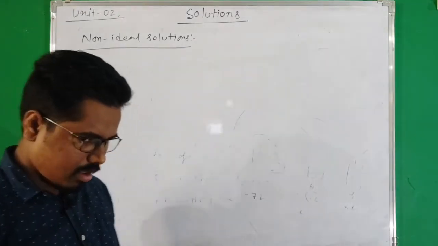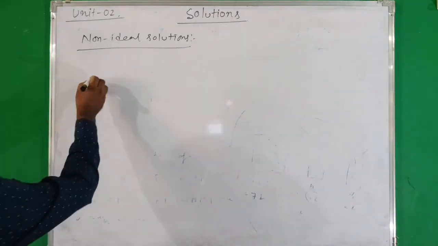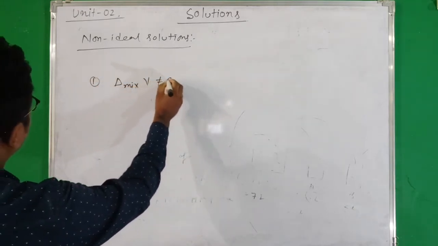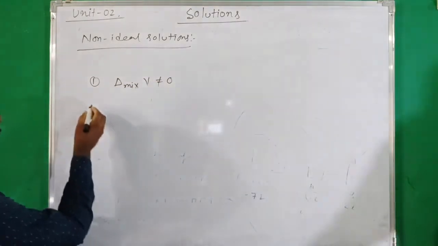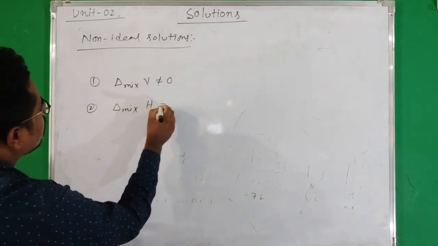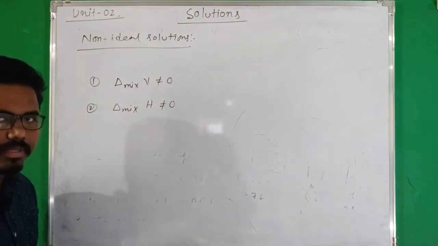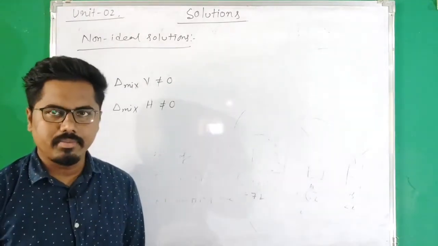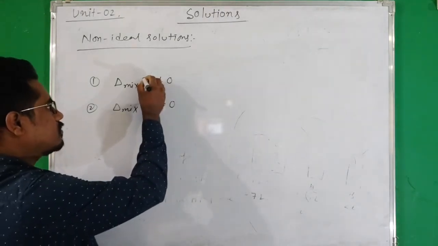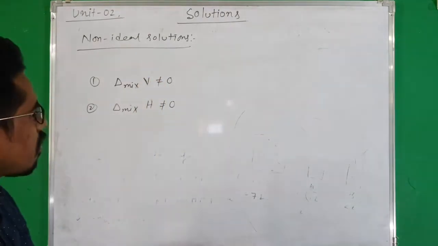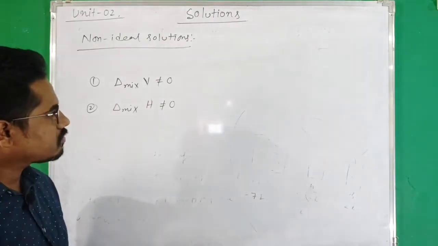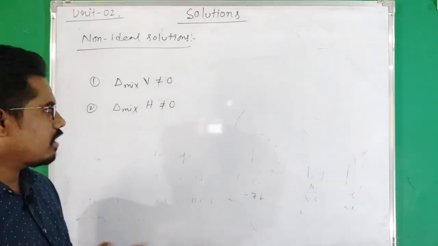Okay, and in case of non-ideal solutions, the volume of mixing is not equal to 0, and the enthalpy of mixing is also not equal to 0. That means during the preparation of this solution, the volume will either increase or decrease, and heat is either evolved or absorbed.